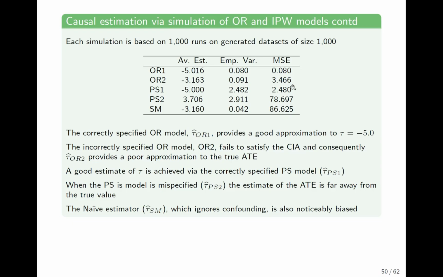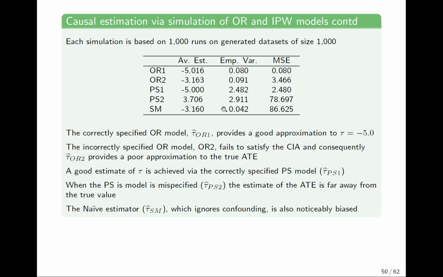So it's got quite big variance, this estimator, but it does get us spot on in terms of the treatment effect. When the PS model is misspecified, as we have here, then it's very, very far away. It just gives us a spurious answer, and it's very, very far away from the true answer with huge MSE.